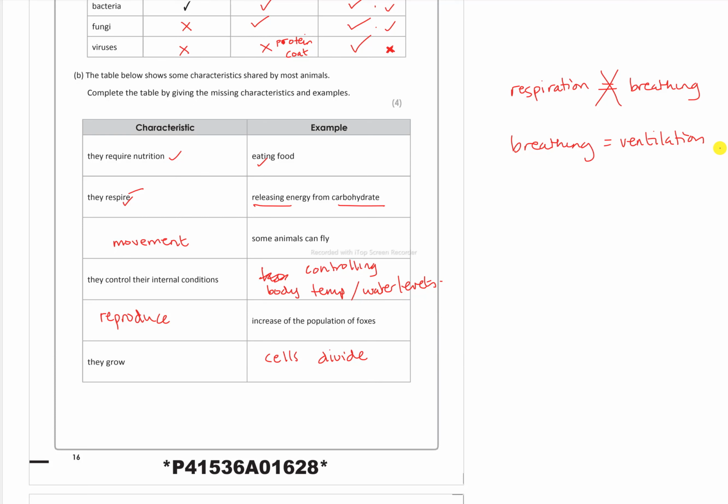Right, let me just tell you about living organisms. And I can never remember this. So let's try it. You've got movement, respiration. I wonder if this is growth.